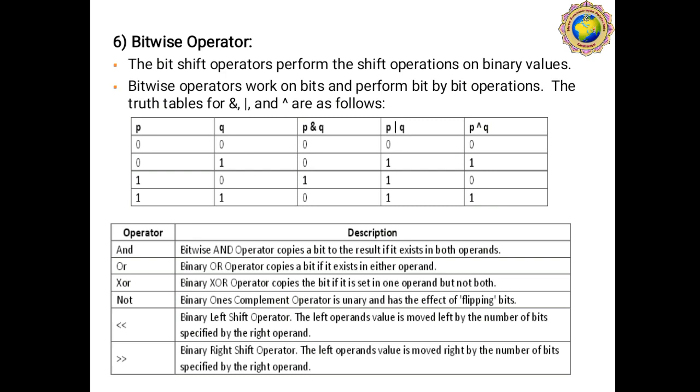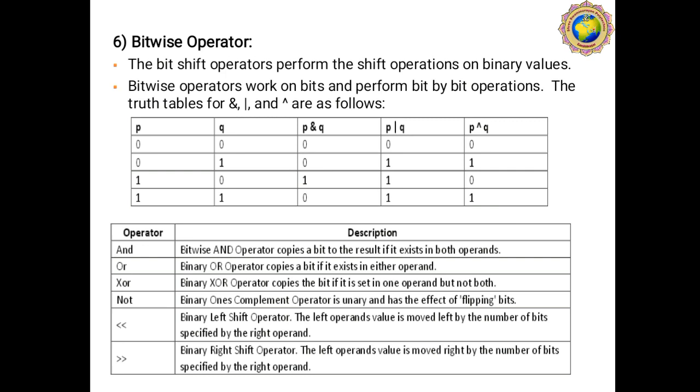Whenever 0 and 0 are operated, the answer is 0. For 0 and 1, the answer is 0. For 1 and 0, the answer is 1. For 1 and 1, the answer is 0. It means that whenever both values are the same, the answer is 0.